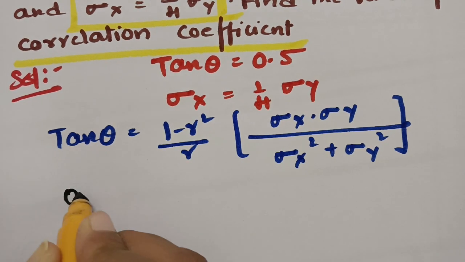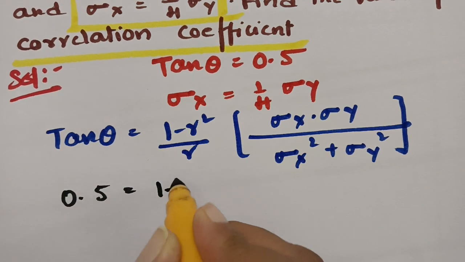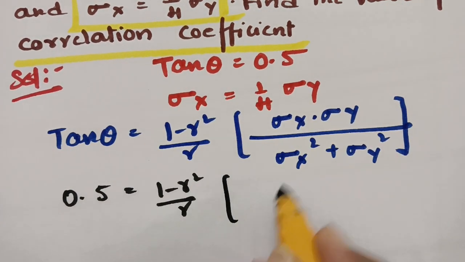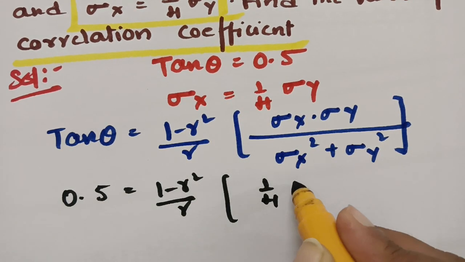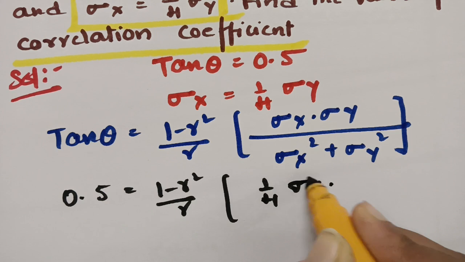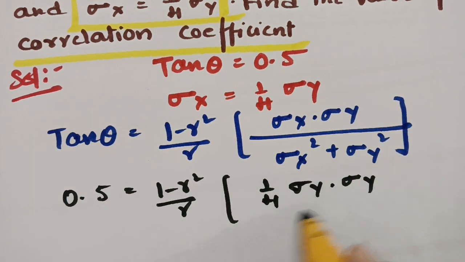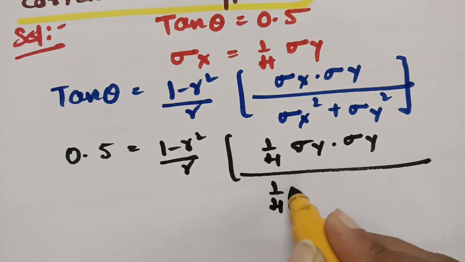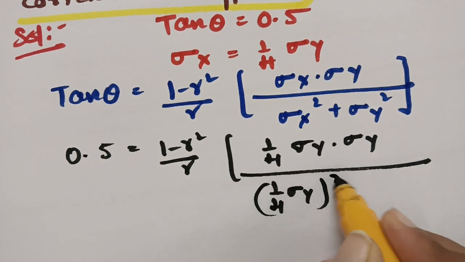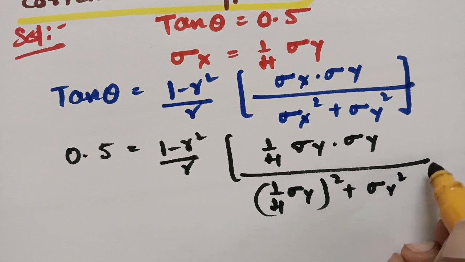This is 0.5. So this is 1 minus r square by r. So what is sigma x here? Sigma x is nothing but 1 by 4 into sigma y, and already there is one sigma y here, so in place of sigma x, this is 1 by 4 into sigma y whole square, plus sigma y square.